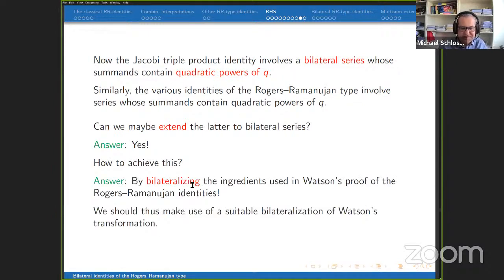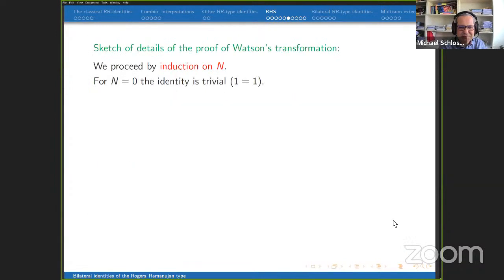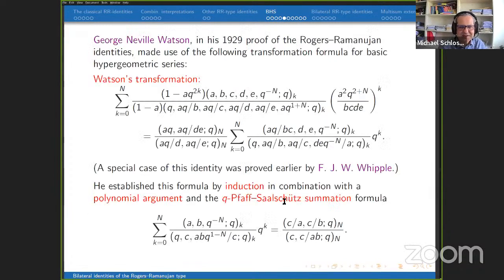We can do this by bilateralizing the ingredients used in Watson's proof. Maybe I explain it here, sorry for going backwards. This is unilateral. It goes in one direction.